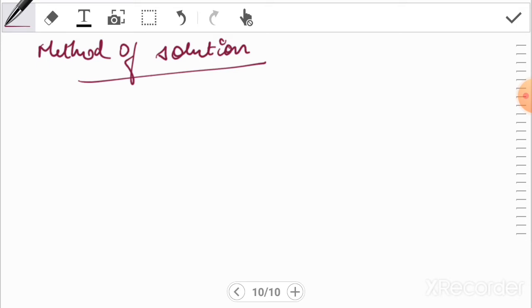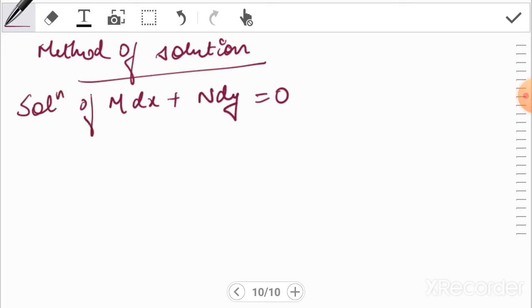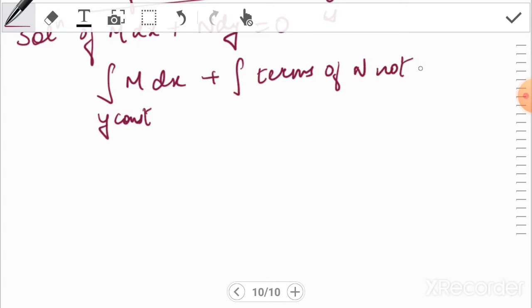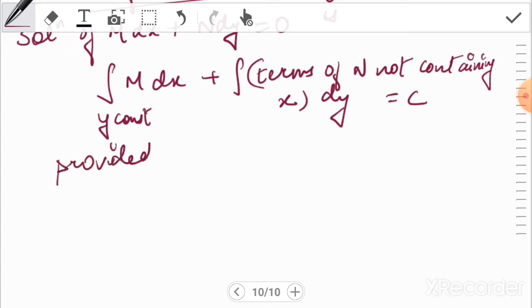The solution of M dx plus N dy is equal to 0 is the integral of M dx, assuming y as constant, plus the integral of terms of N not containing x, dy, is equal to c, provided del M by del y is equal to del N by del x.